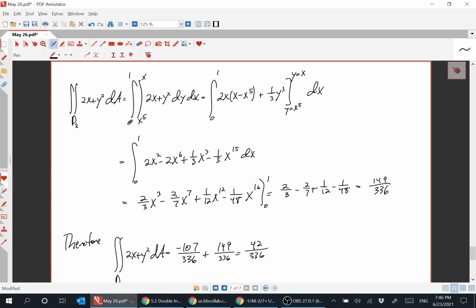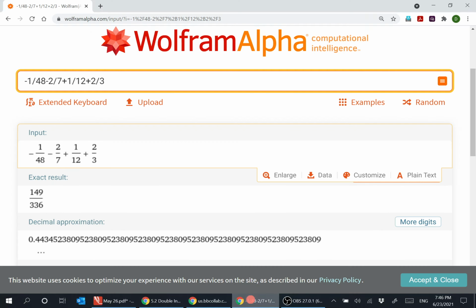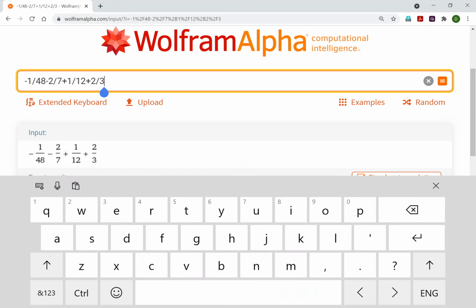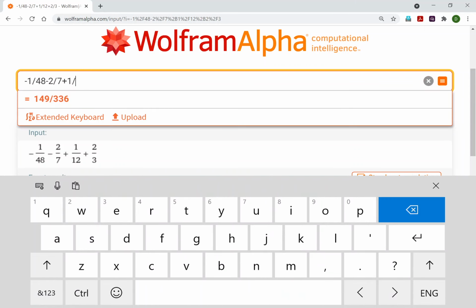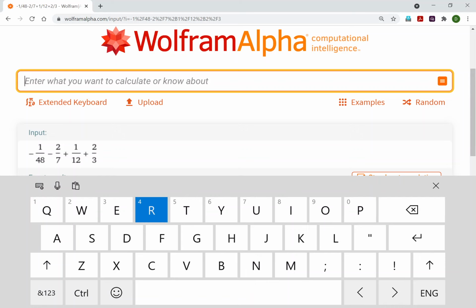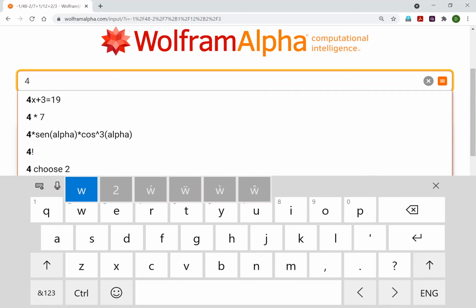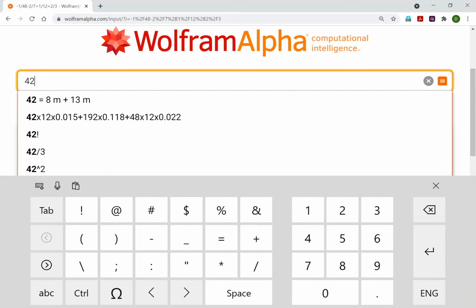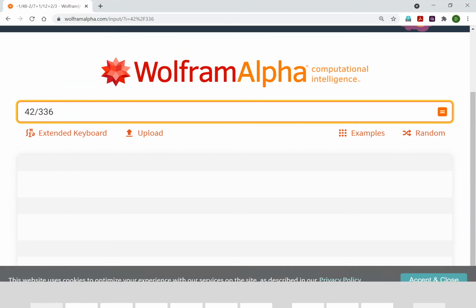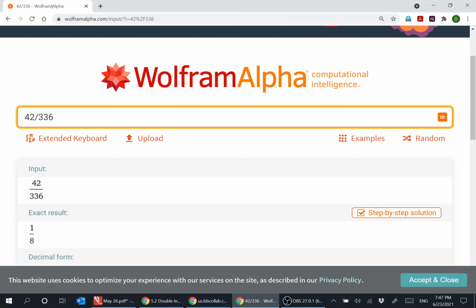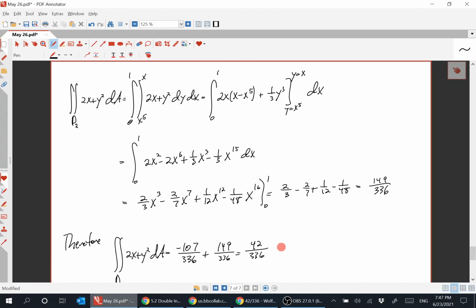That fraction, I'm sure it's 42 divided by 336, which is 1/8. Okay, so that's how that problem goes.